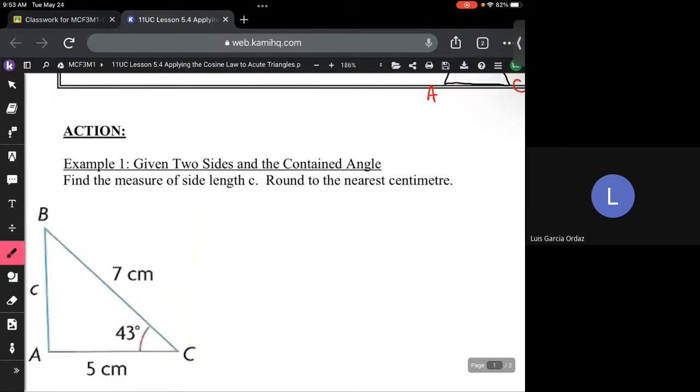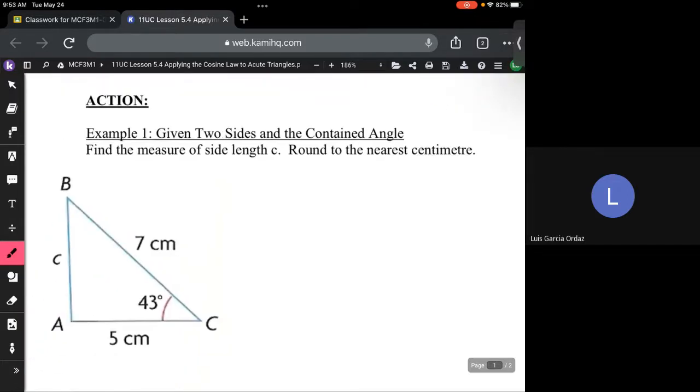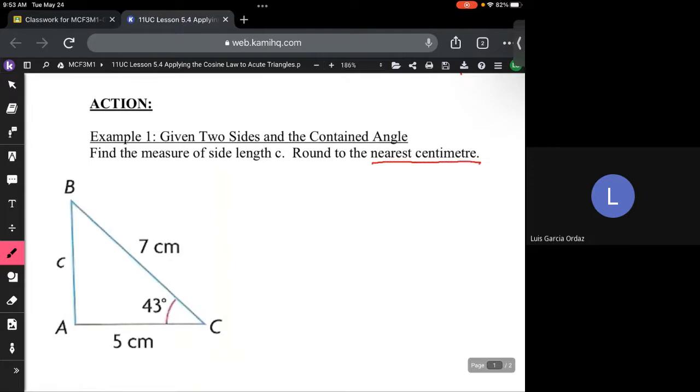So for the first one, we're going to be given 2 sides and a contained angle, and we want to find the measurement of side C to the nearest centimeter. Because we're finding side C, which of the 3 cosine law formulas are we going to be using?